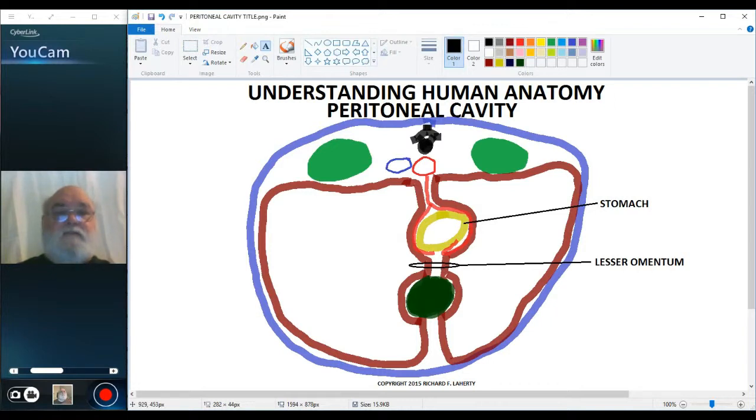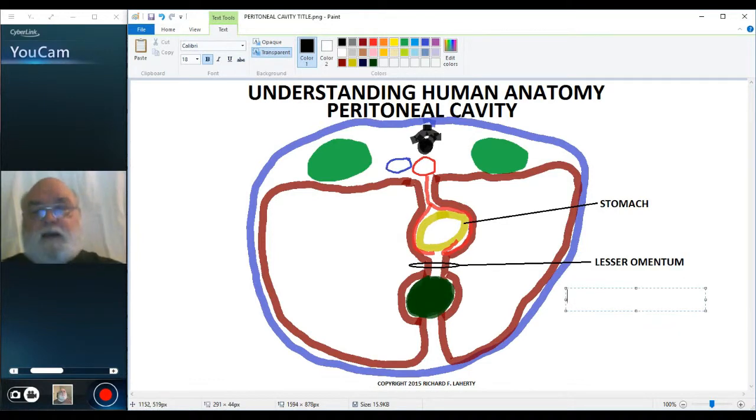And again, the liver is an outgrowth of the foregut, and it grows into the ventral mesentery.